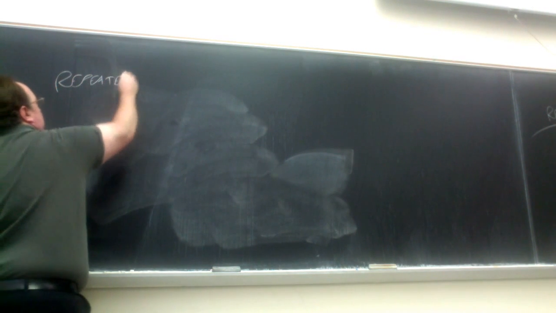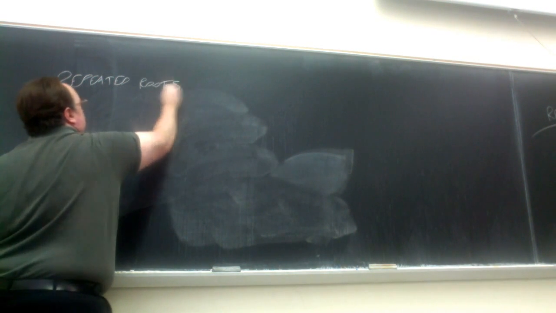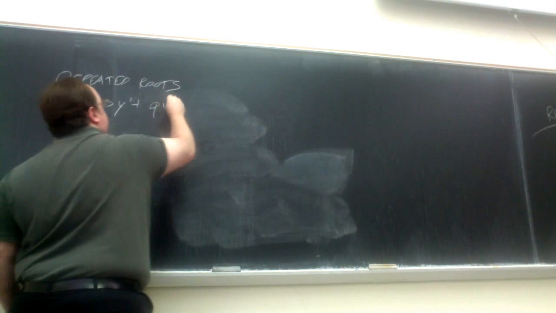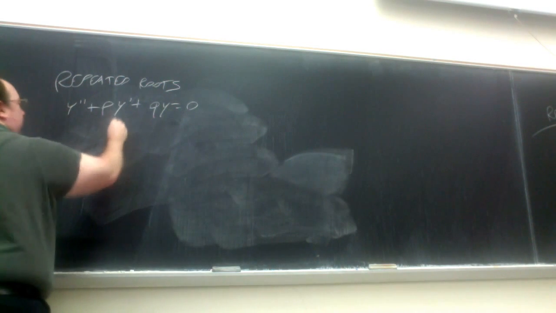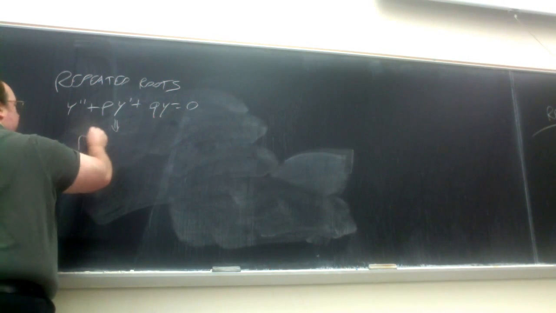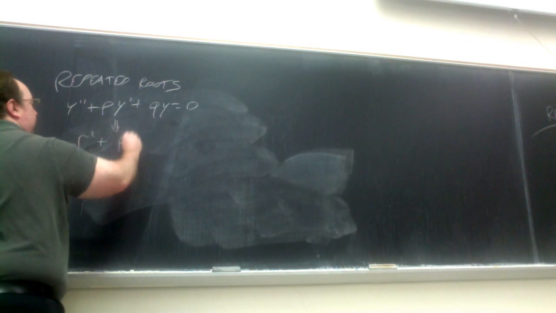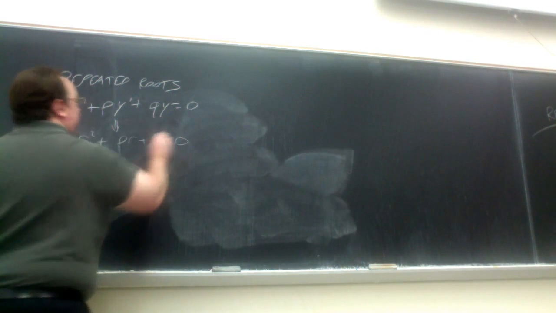Okay, so now we look at repeated roots. So back to our case of constant coefficients. You go ahead and solve your characteristic equation, r squared plus pr plus q is equal to 0.